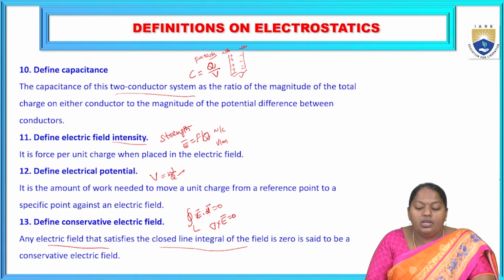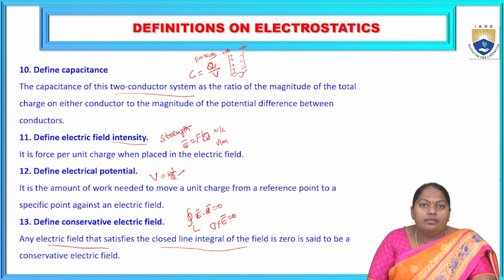It is the ratio of the magnitude of the total charge on one of the plates of the parallel plates to the magnitude of the potential difference between the two conductors, that is C equal to Q by V.